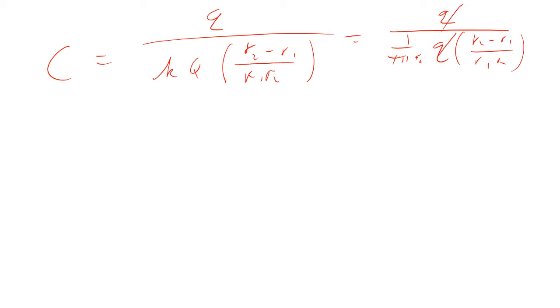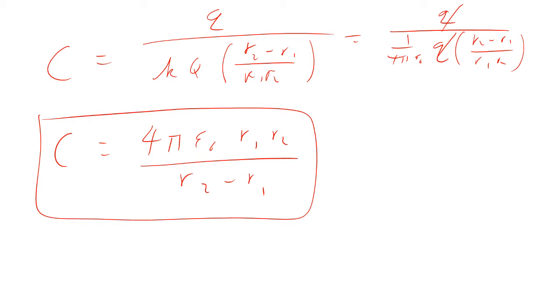So the Q's cancel, and so the capacitance comes out to be 4 pi epsilon naught R1 R2 divided by R2 minus R1. And so there we have it. There we have the capacitance of a spherical capacitor. So that would be a sphere inside of a sphere.